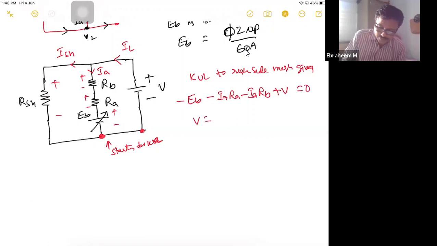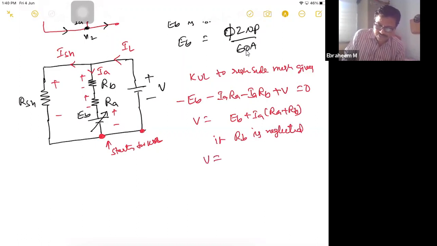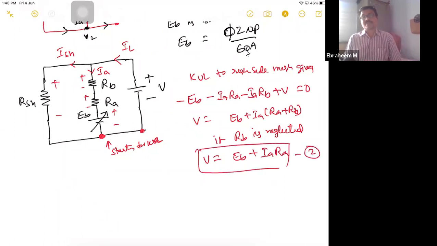So V is equal to EB plus IA into (RA plus RB). If RB is neglected, or if it is not given in problems, you can use the simple formula V is equal to EB plus IARA. So this is the voltage equation of the shunt motor. For shunt generator, it is EG is equal to V plus IARA.